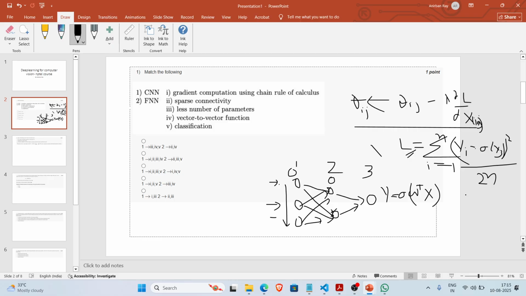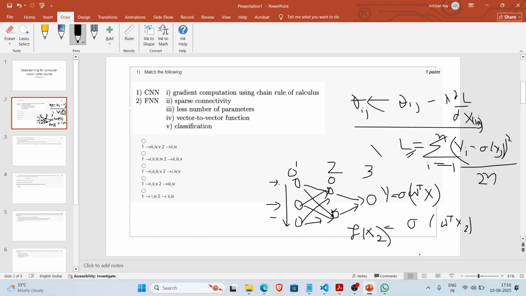Now what happens is that for the final layer, you know this expression W transpose x2, and this is y3. Or, just to avoid confusion, you can write it as f of x2. So this is our output.